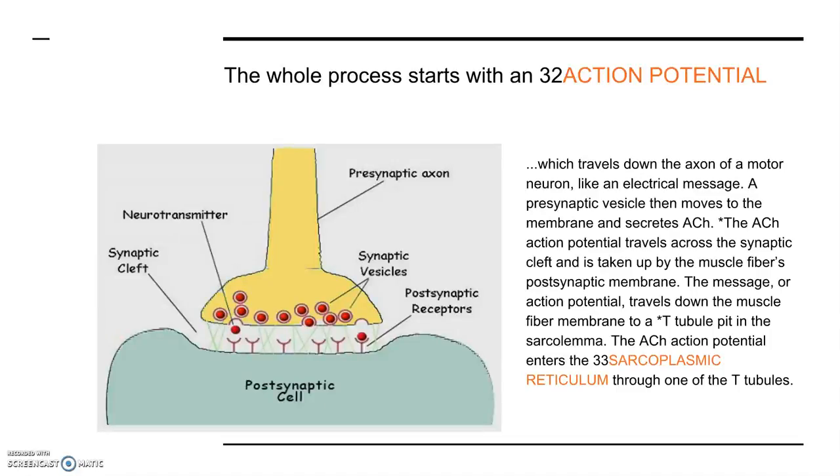The ACH action potential travels across the synaptic cleft and is taken up by the muscle fiber's postsynaptic membrane. The message or action potential travels down the muscle fiber membrane to a T-tubule pit in the sarcolemma. The ACH action potential enters the sarcoplasmic reticulum through one of those T-tubule pits.